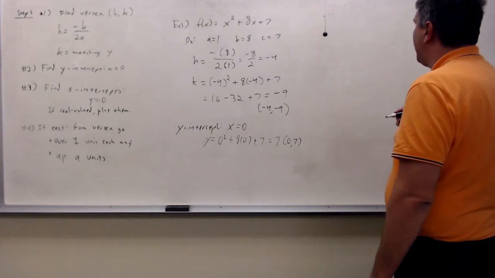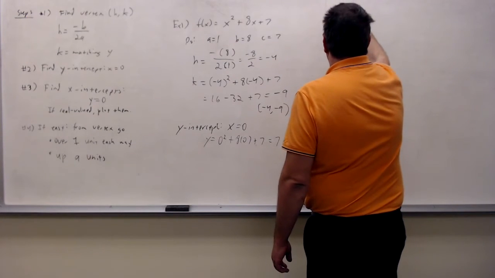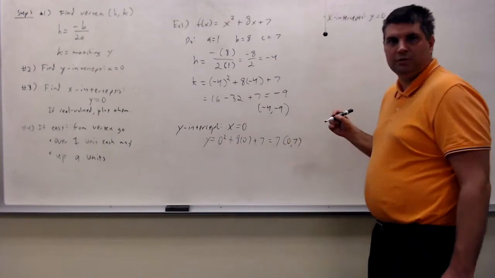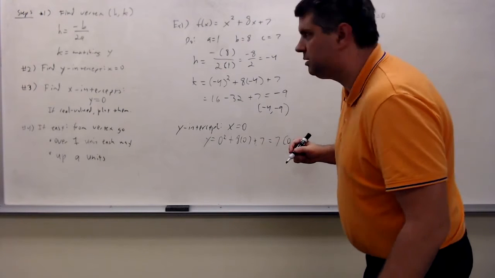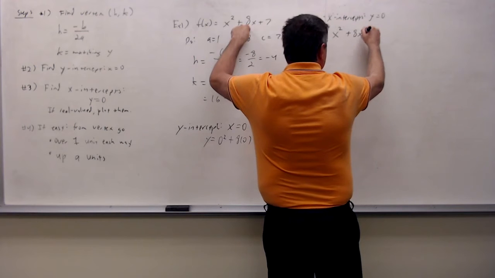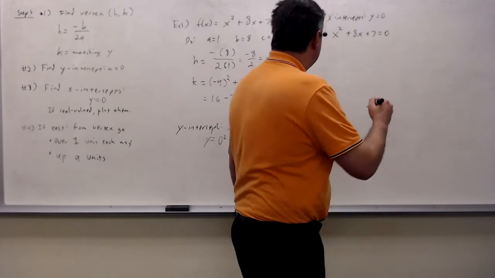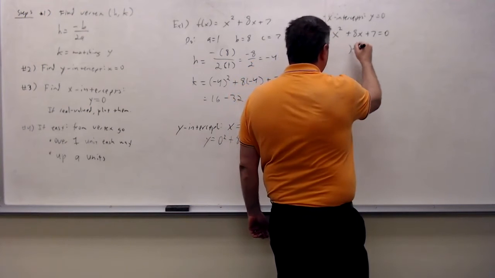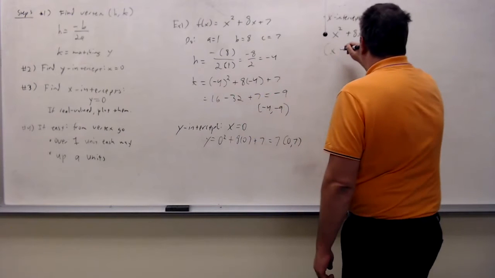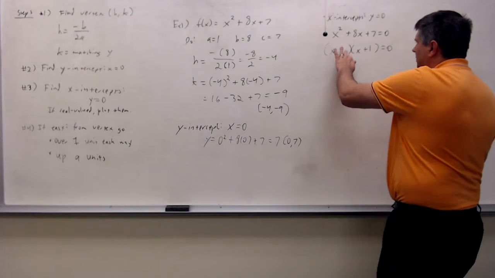The x-intercepts. Y is 0. So that means x squared plus 8x plus 7 is 0. This one's solvable by factoring. Pair of factors of 7 that add to 8 are positive 7, positive 1.